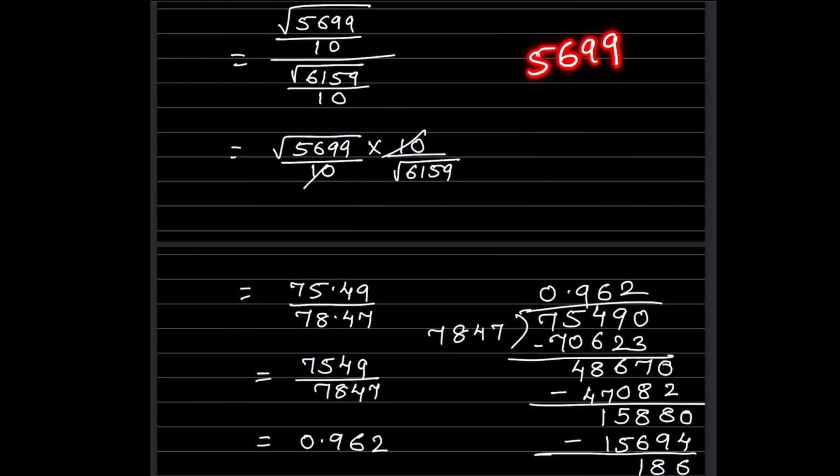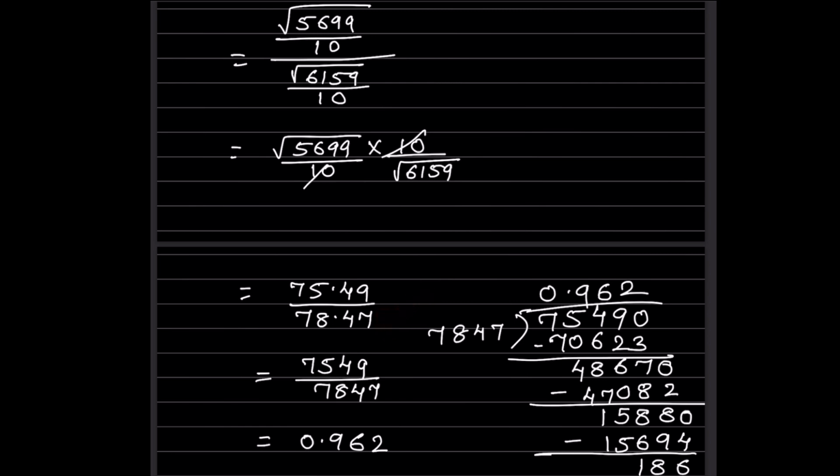So just have a look at the long division also. It is explained in the previous videos. So after doing the root of 5699 with the long division, you can use any method, but the calculator is not allowed, of course. So that comes to 75.49. And for this one, root of 6159, that is going to be 78.47.